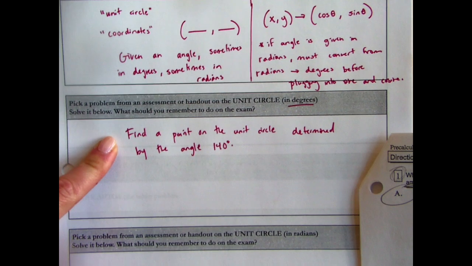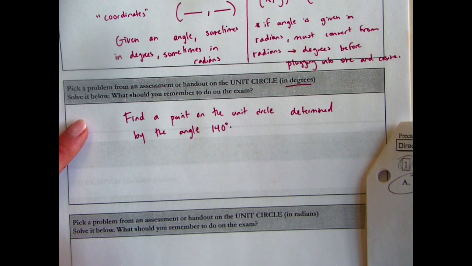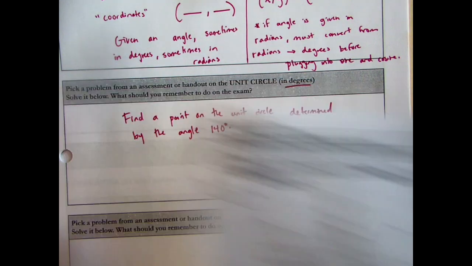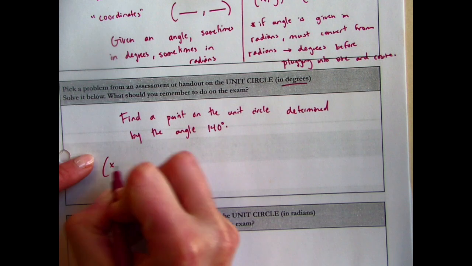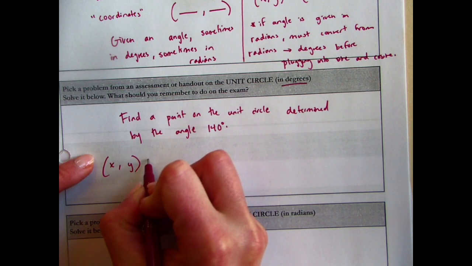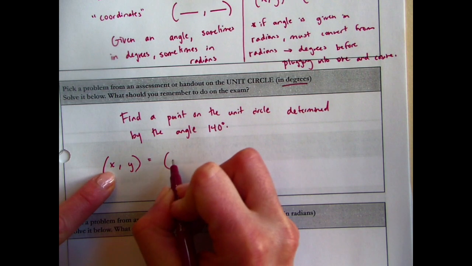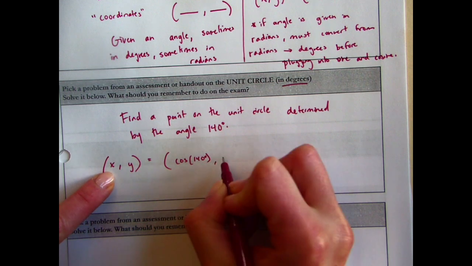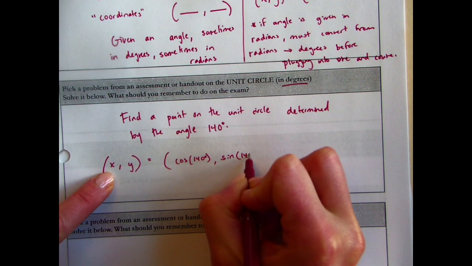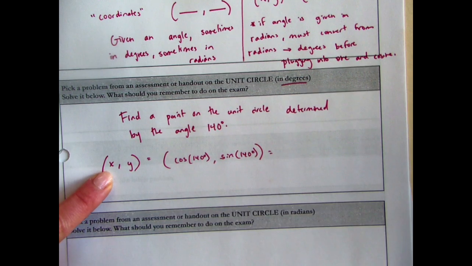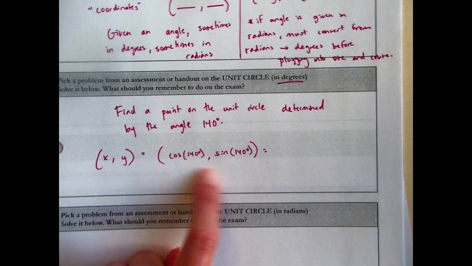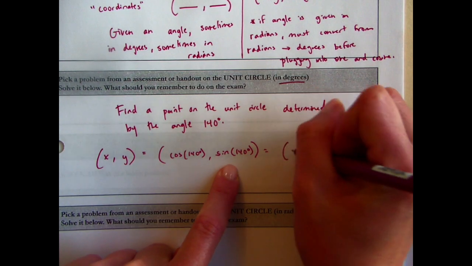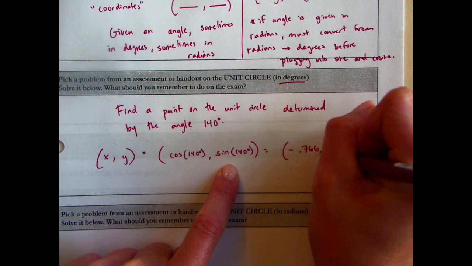So it looks like I'm going to be looking for cosine of 2 pi over 3. So the first thing I have to remember is to convert 2 pi over 3 into degrees.